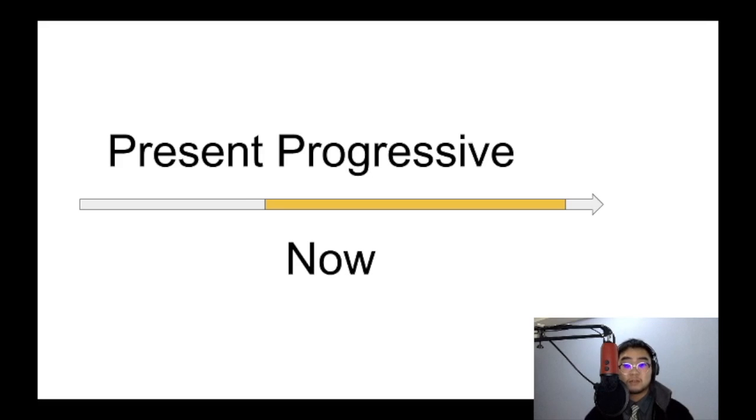So sometimes we also use present progressive for the longer present. And when we see something as happening right now, continuing, we often use present progressive. So sometimes you might see people use present progressive and you think, wait, that's future. But don't be too surprised, okay? Let's see some examples.